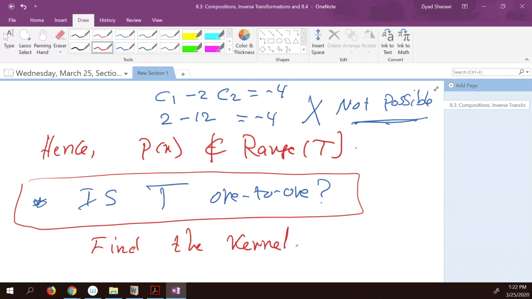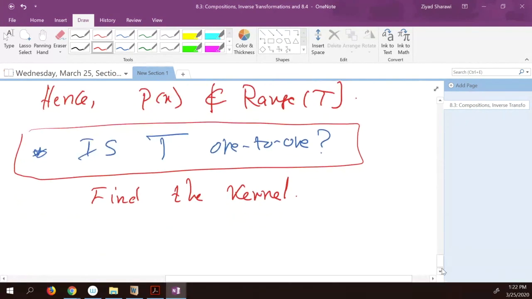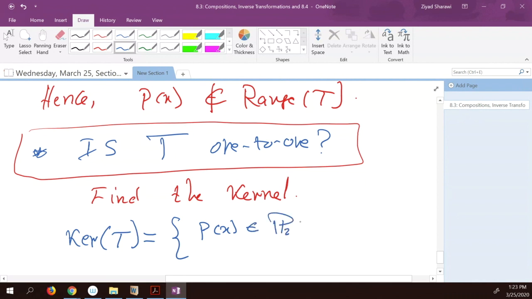All right, some of you are saying the kernel is 0, some of you are saying the kernel is not 0. So think about it and try to give me the final answer. Kernel of T. All right, did you get it? What's the kernel of T? Kernel of T is going to be all polynomials p(x) in the domain such that when you substitute, you get 0.